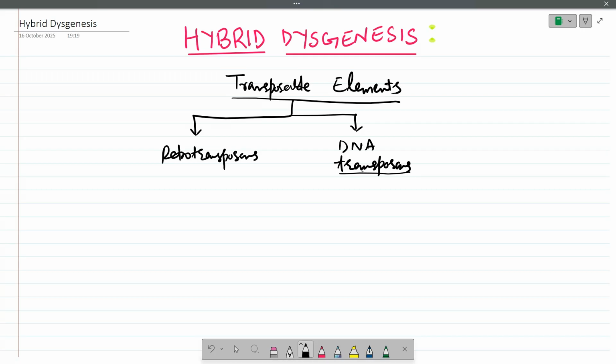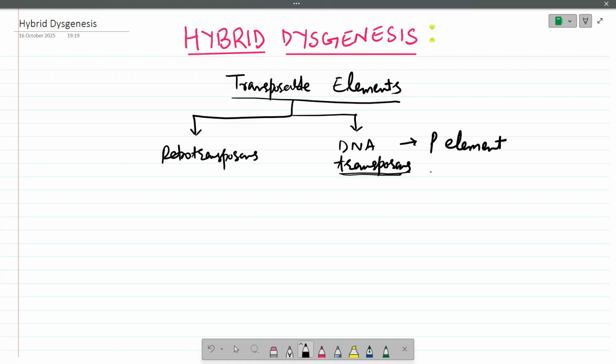Okay. It is due to a type of DNA transposon which is present in Drosophila melanogaster that this hybrid dysgenesis occurs, and that transposable element is called P element. This P element is a transposable element which causes different kinds of mutations and chromosomal aberrations in the Drosophila melanogaster oocyte, and thus causes sterility in the hybrid.